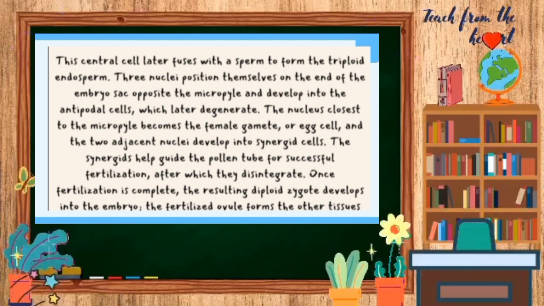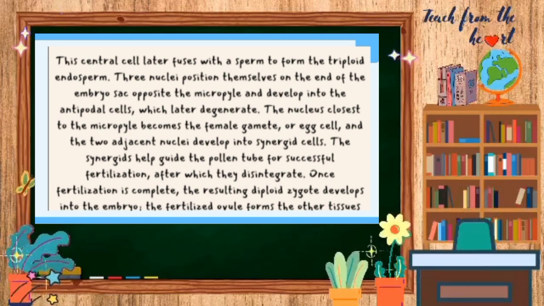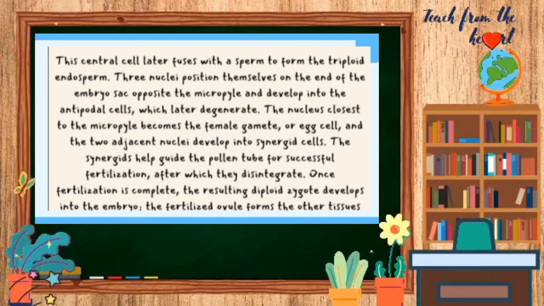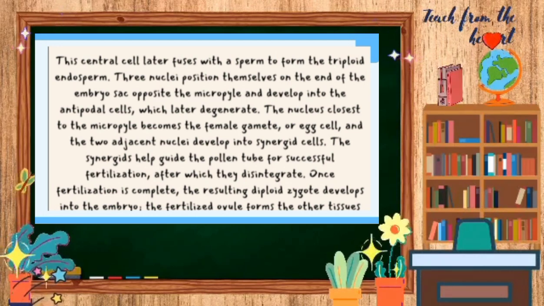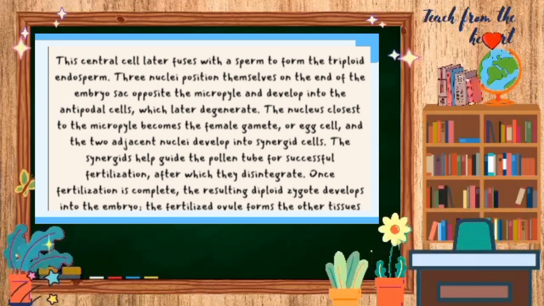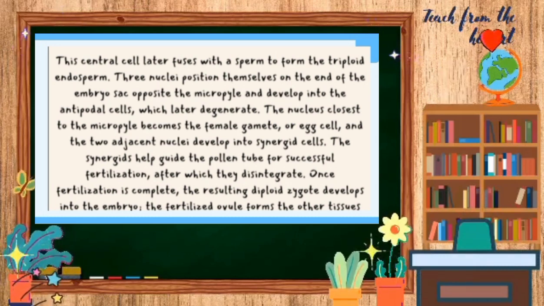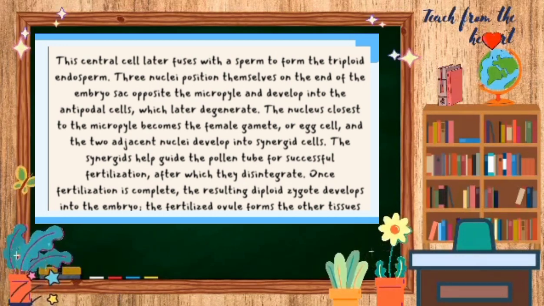The nucleus closest to the micropyle becomes the female gamete, or egg cell, and the two adjacent nuclei develop into synergid cells. The synergids help guide the pollen tube for successful fertilization, after which they disintegrate.